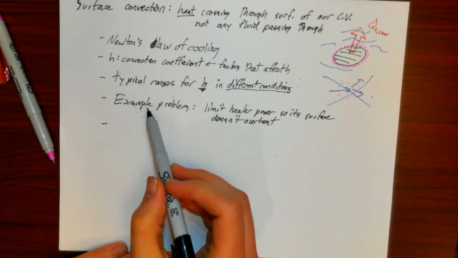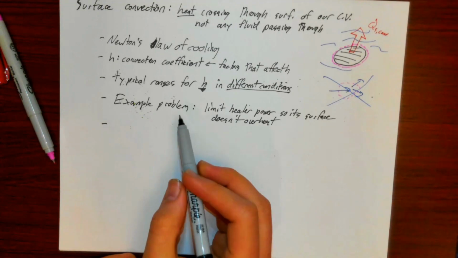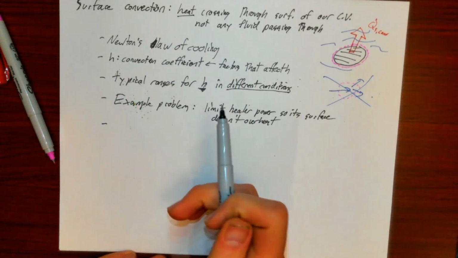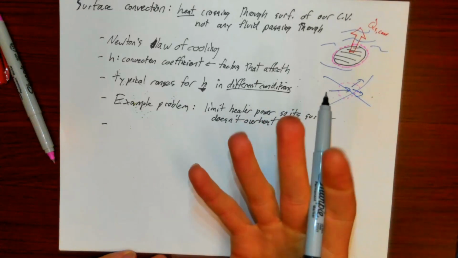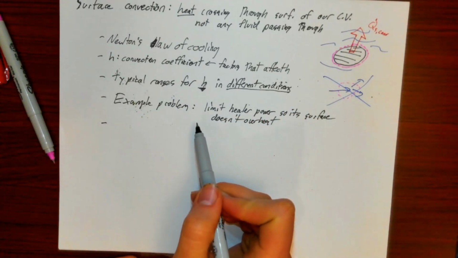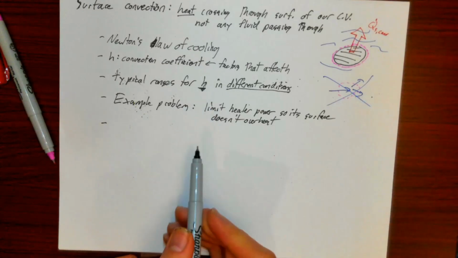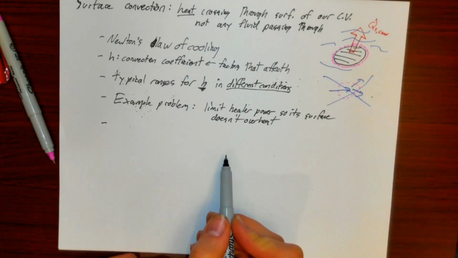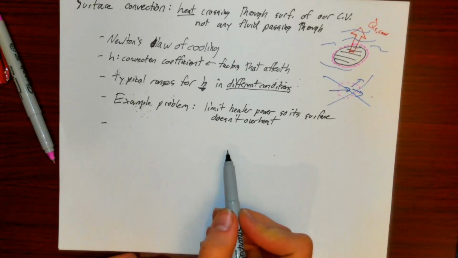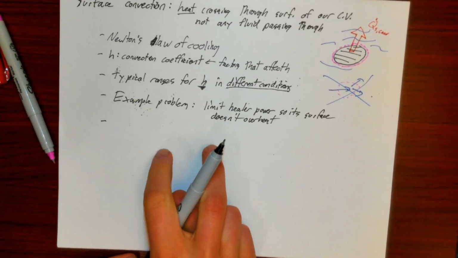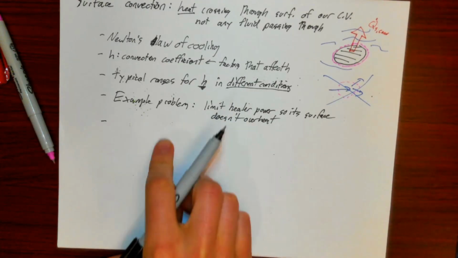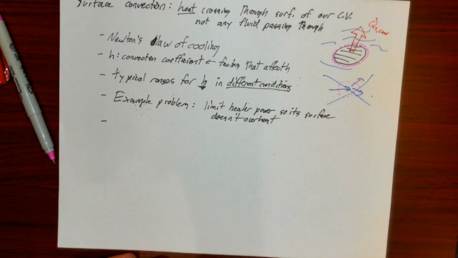Then it turns out that you can actually frame convection in terms of a thermal resistance. So in a previous lecture, we talked about thermal resistances for conduction. We basically said, if I have a slab of material with a hot side and a cold side, the heat flow is proportional to some temperature difference, and the slab of material provides some resistance to that heat flow.